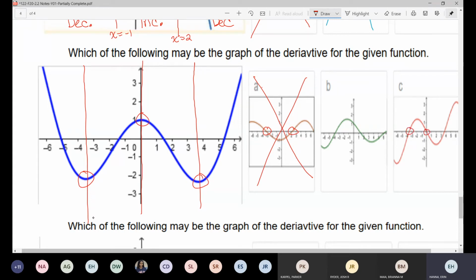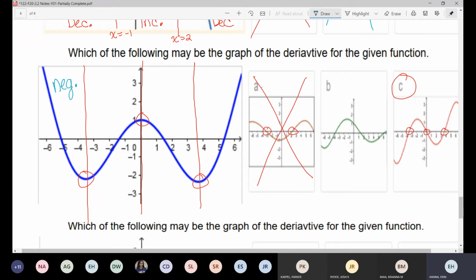And then this last one does cross 3 times, and they do seem to be in the right spots. So again, we're pretty sure it's going to be C, but let me just babble about it a little longer. If you weren't sure, say you were keeping option B in the running just for giggles, the next thing you would look at is the increasing, decreasing piece. If this first piece is decreasing, I know my derivative is going to be negative.